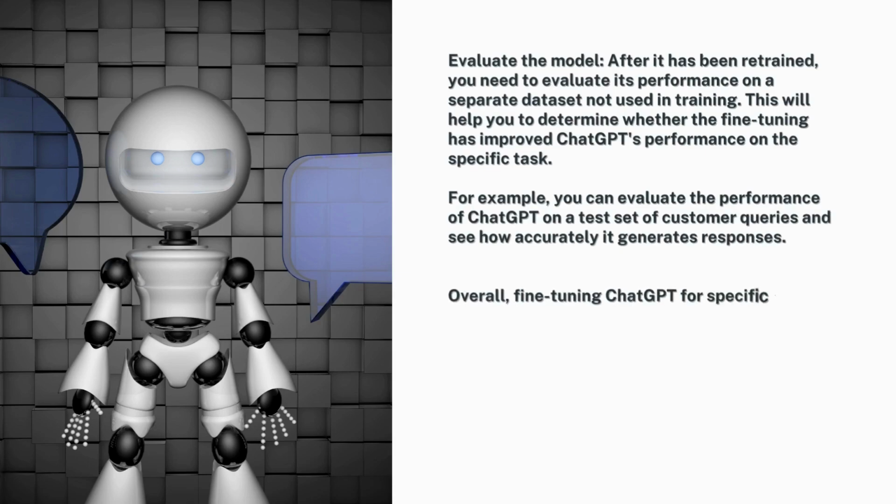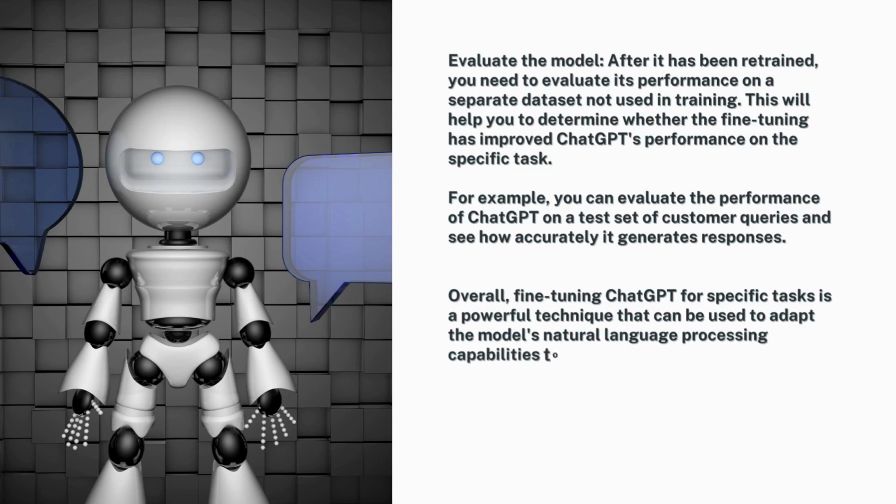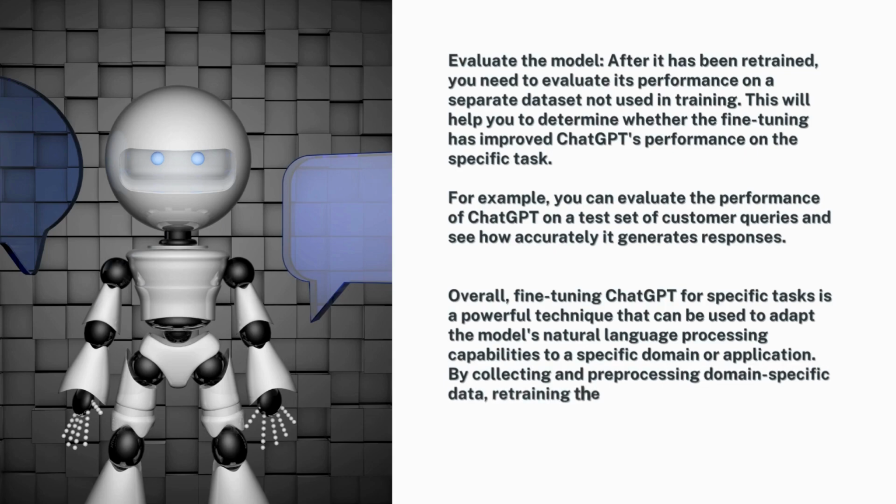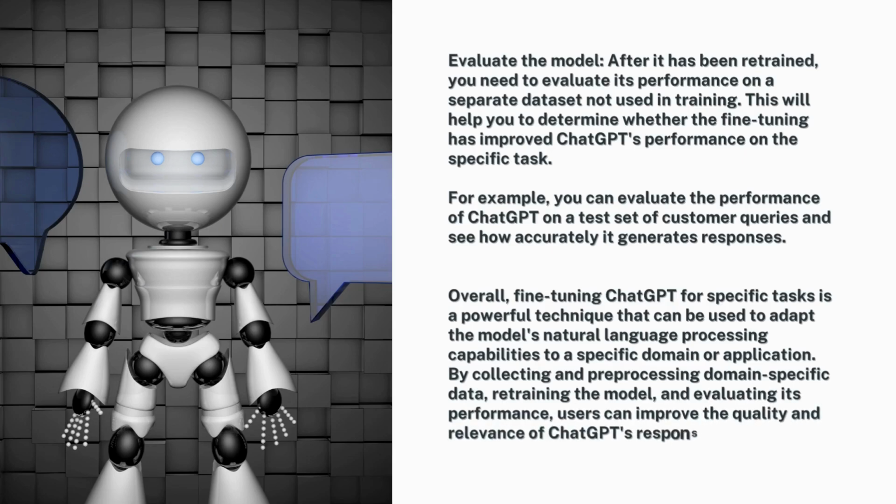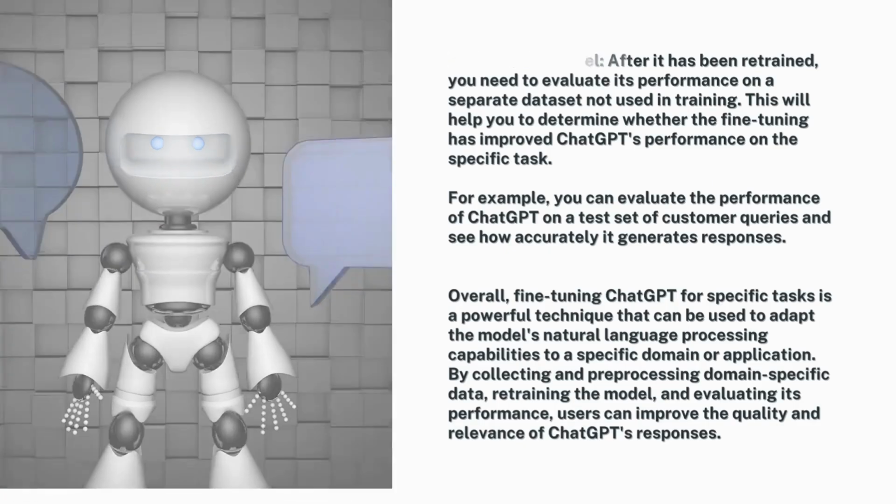Overall, fine-tuning ChatGPT for specific tasks is a powerful technique that can be used to adapt the model's natural language processing capabilities to a specific domain or application. By collecting and pre-processing domain-specific data, retraining the model, and evaluating its performance, users can improve the quality and relevance of ChatGPT's responses.